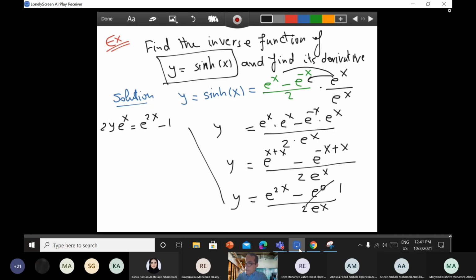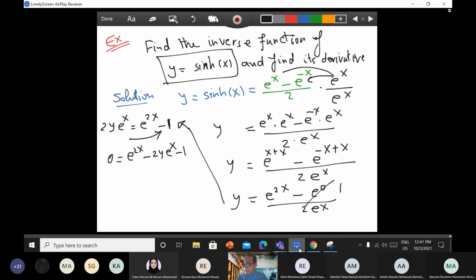This is an equation, right? I'm looking for the inverse, so I'm looking for x, not for y, right? So I move everything to the other side, it's better to move it to the left hand side. So I have 0 equal to e to the 2x minus 2y e to the x minus 1.